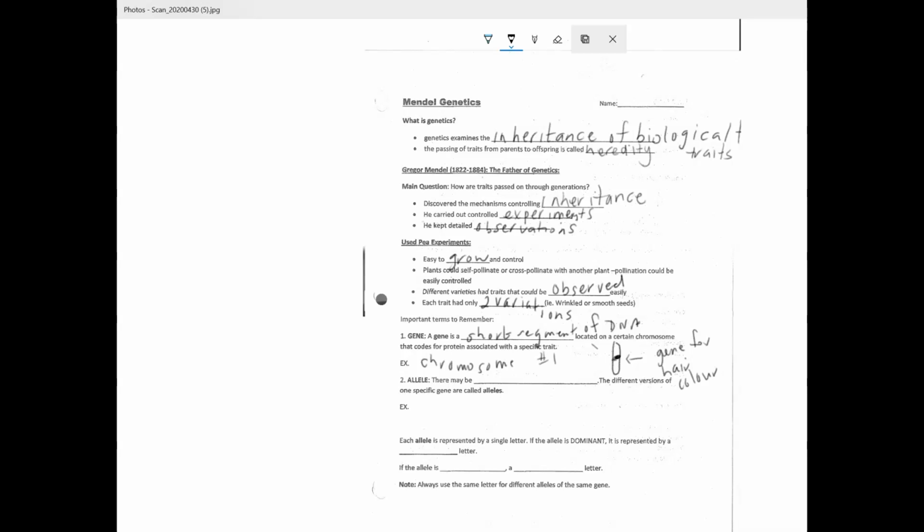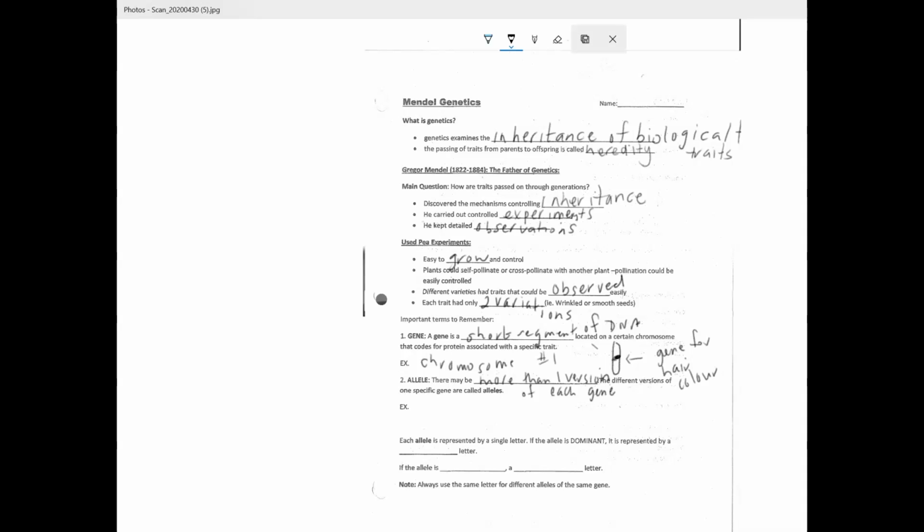And an allele, okay, so basically there may be more than one version of each gene.